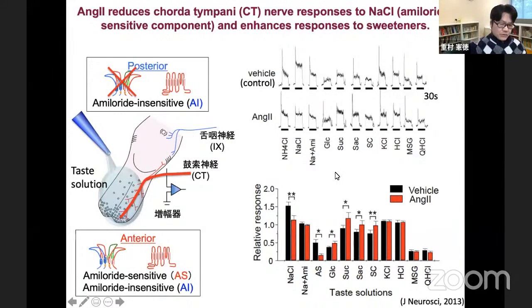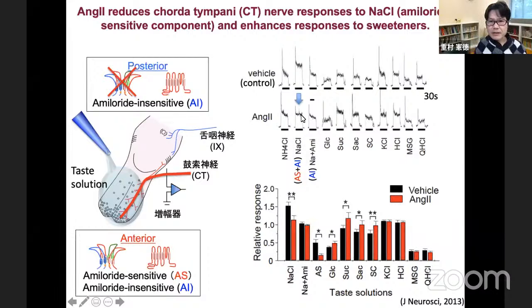The results show that chorda tympani nerve responses to sodium chloride were significantly reduced after administration of angiotensin II. The peak is lowered, reduced, suppressed. This is a control, no change.